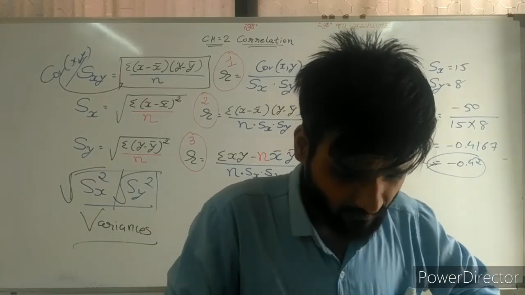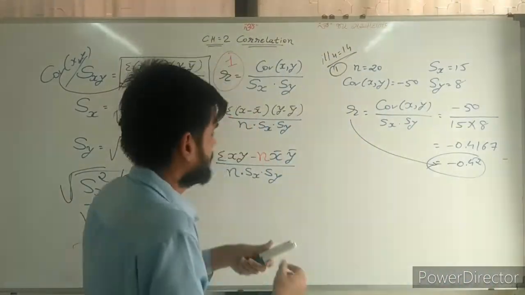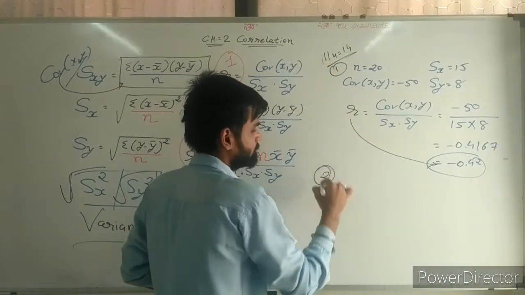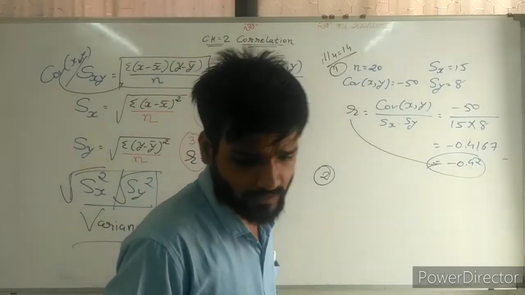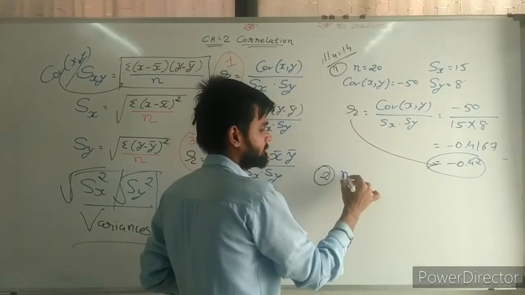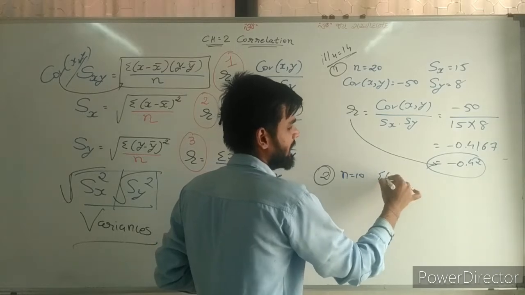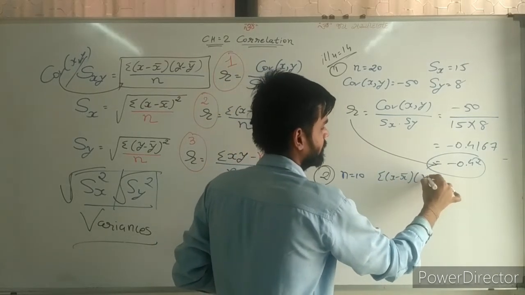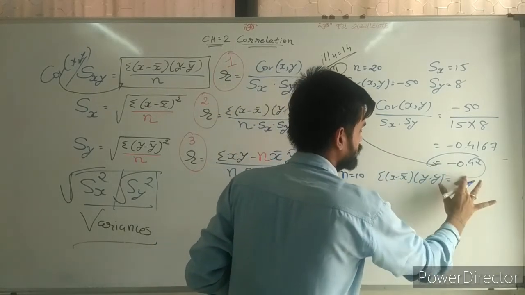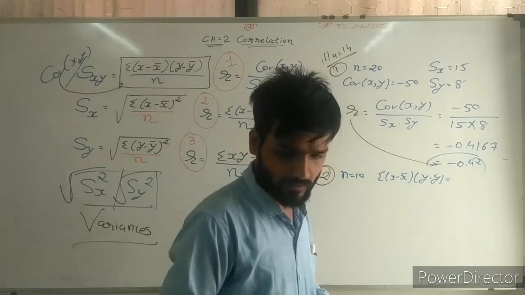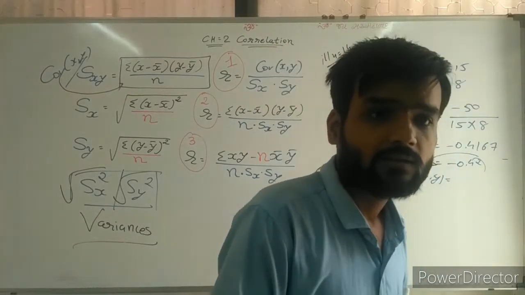See, the second sum. In the second sum, what is given, sir? N is equal to 10. Sigma of x minus x bar into y minus y bar is given, and that value is 60.